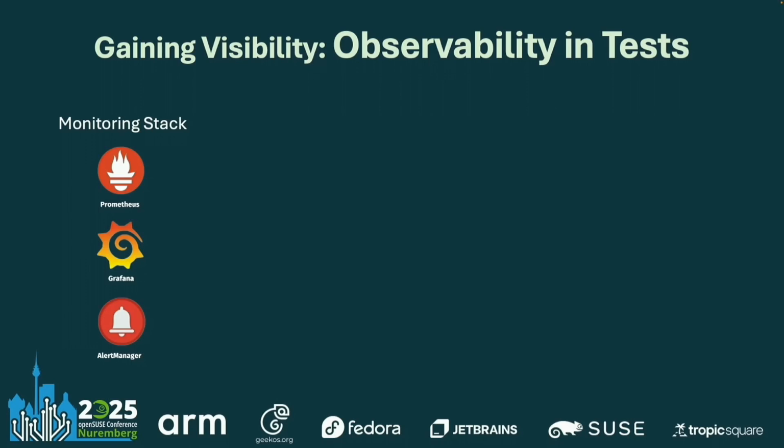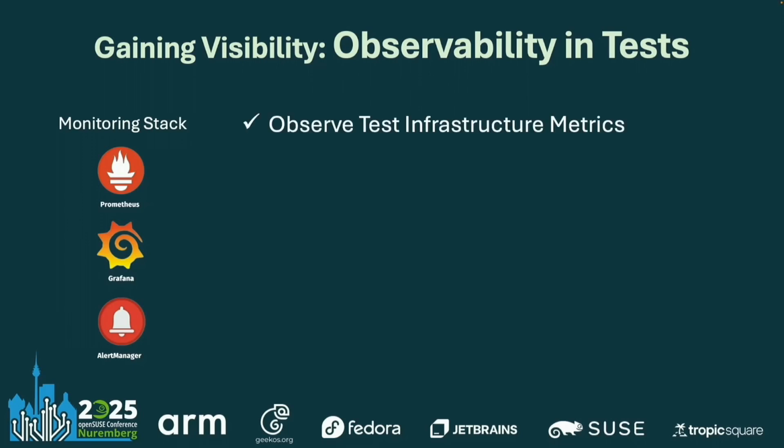Then Grafana takes all that data and lets us create helpful and visual dashboards and panels. It's how we see these numbers and trends, making it easy to spot patterns and unusual activity. Finally, Alertmanager sends out alerts when a specific condition is met in our data, sending notifications via email.